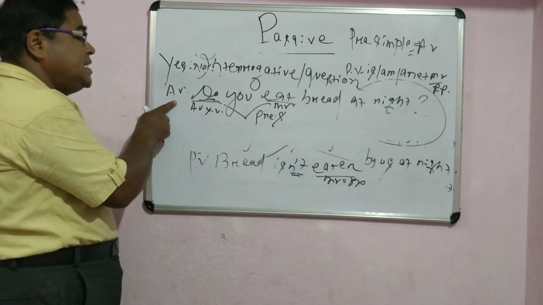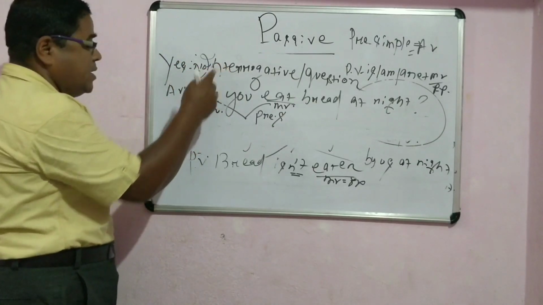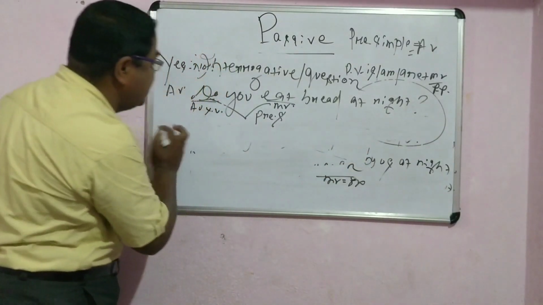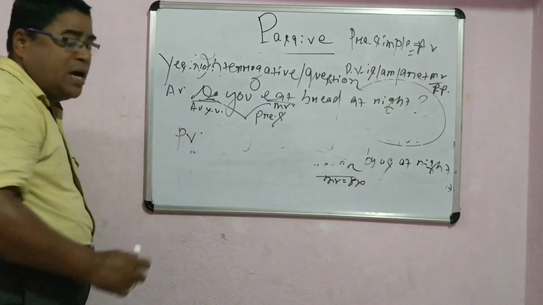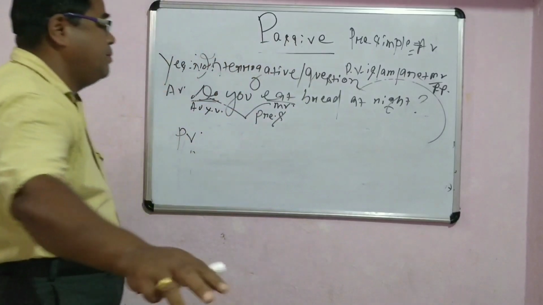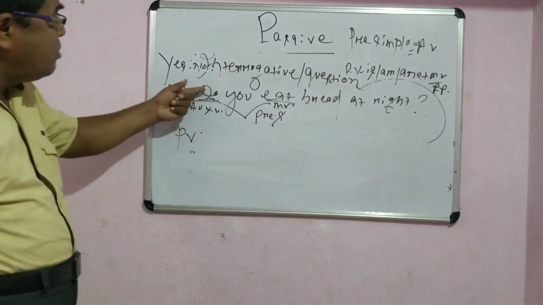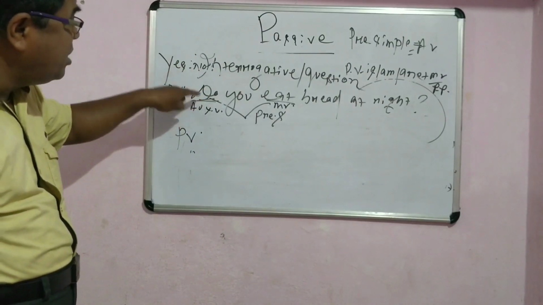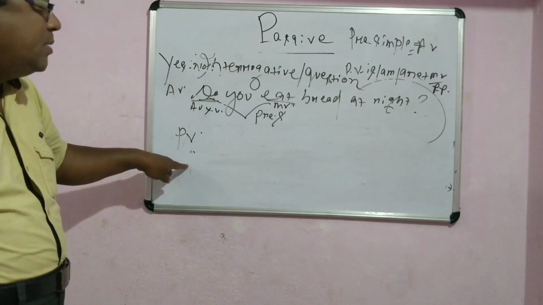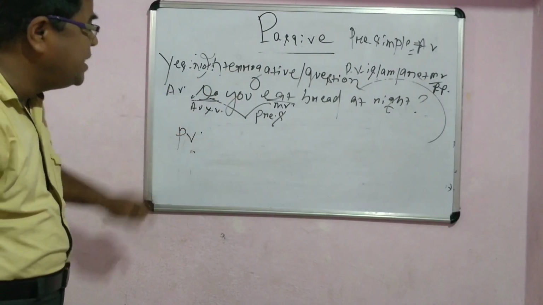Now the sentence is in the active voice, also in the yes no interrogative pattern. While you change this sentence into passive, remember this yes no interrogative can also be changed into yes no interrogative. You have already made the sentence into yes no interrogative. So while you change this pattern into passive, this same pattern should be retained. How can it be retained?